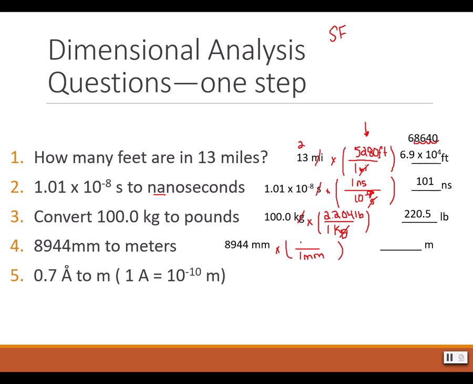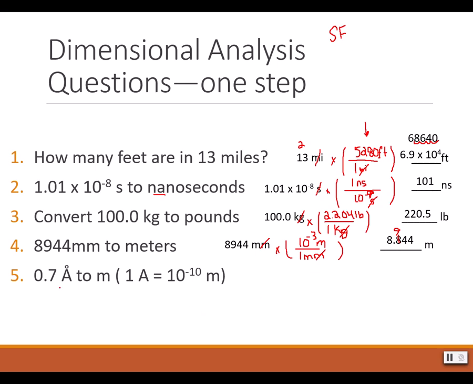In 1 millimeter, there is 10 to the negative 3 meters. Millimeter units cancel. Doing the multiplication with 4 sig figs as your final answer should give you 8.844. I'm sorry, 8.944. Sorry about that, guys. 8.944.